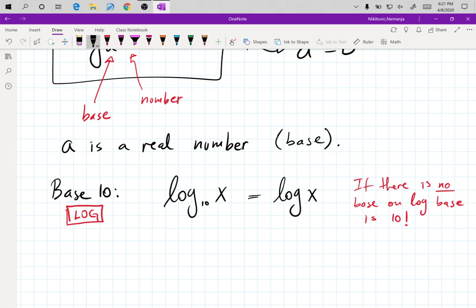And the next special one is base E. You know that special number we learned last class? The irrational number E. So that one also has a special notation, and it's called ln. We call it the natural log.